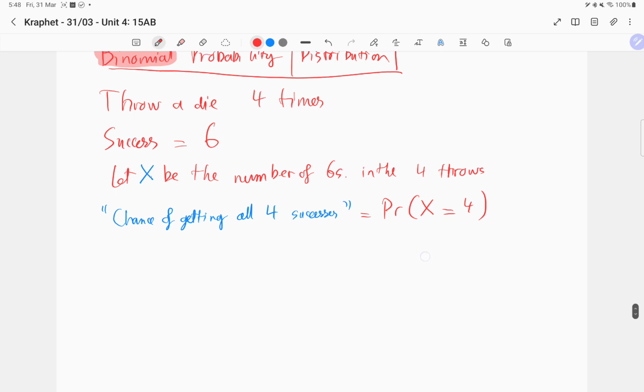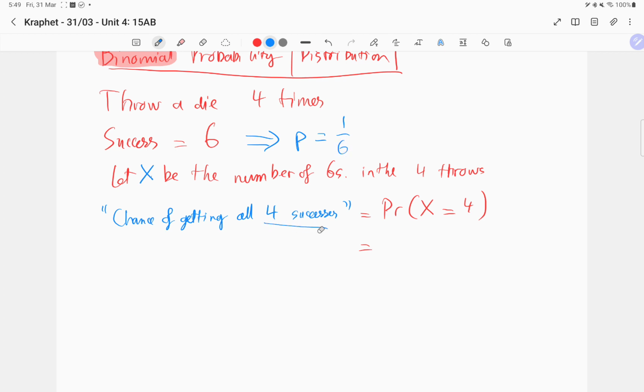Now, what's the probability of getting 4 successes? What's the probability of getting a success? What's our lowercase p? P equals to? Forget getting it 4 times, the chance of getting a success in a trial. Oh, it's 1 in 6. It's 1 over 6, right? So the probability of success is 1 over 6.